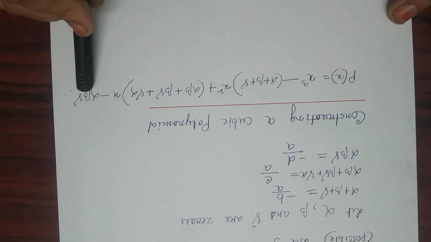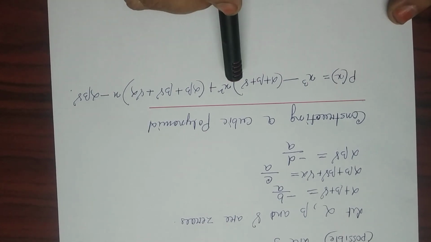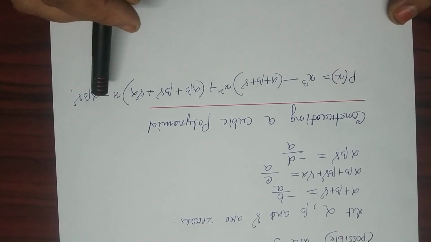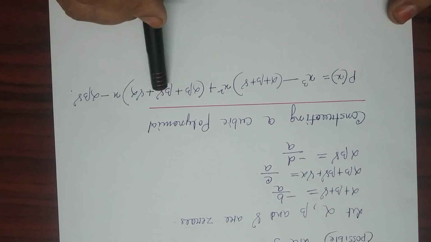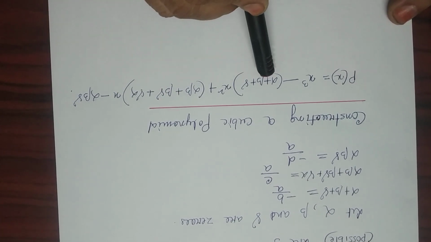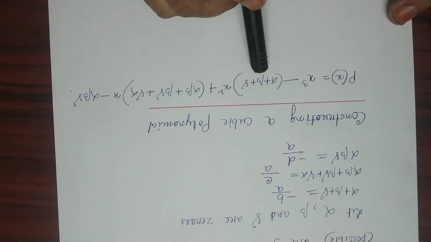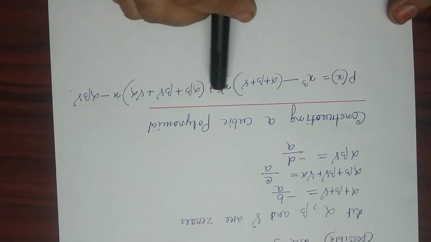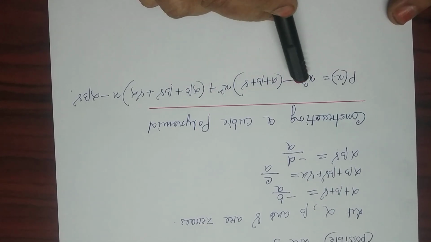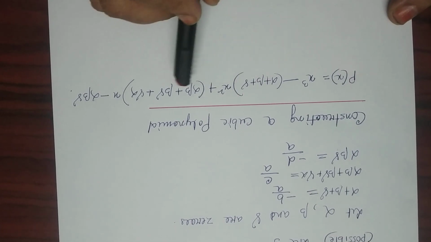Then we put these values here. Then we get the cubic polynomial. This way we construct a cubic polynomial.